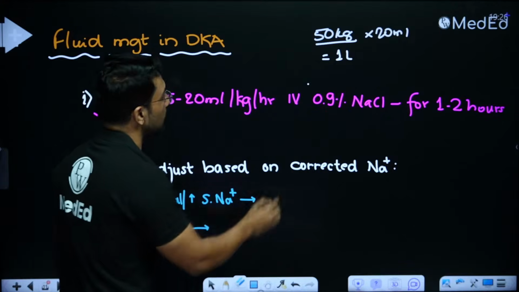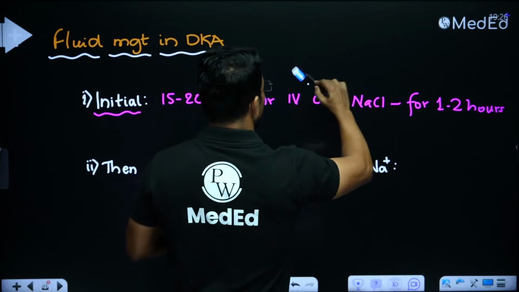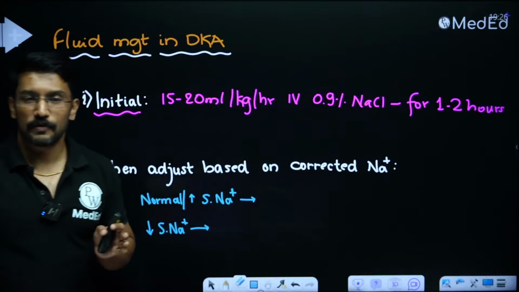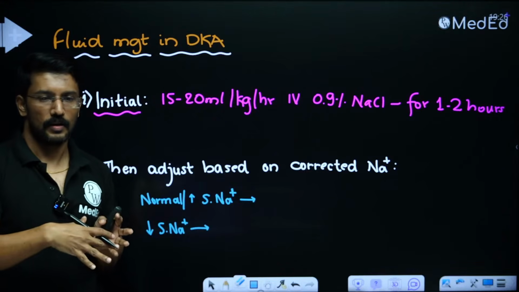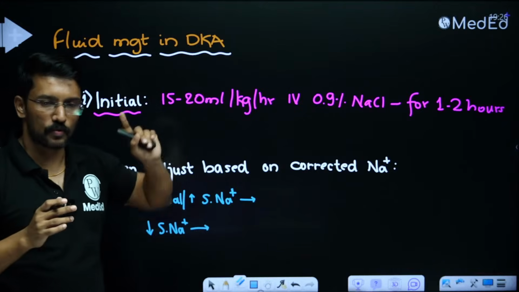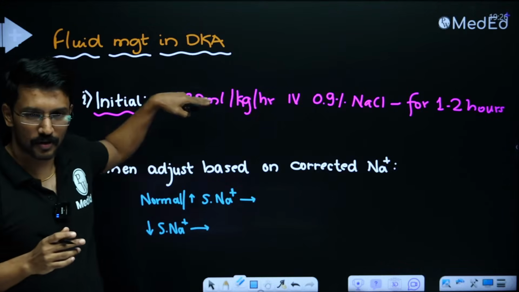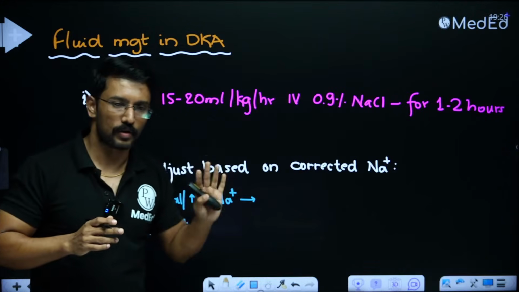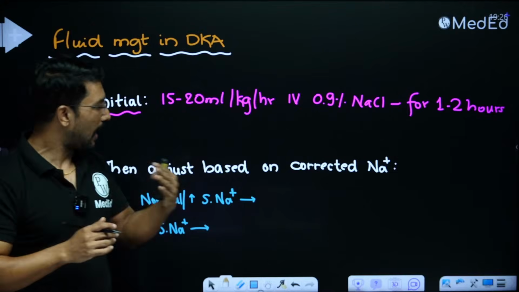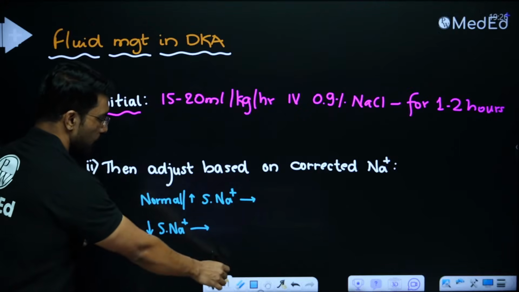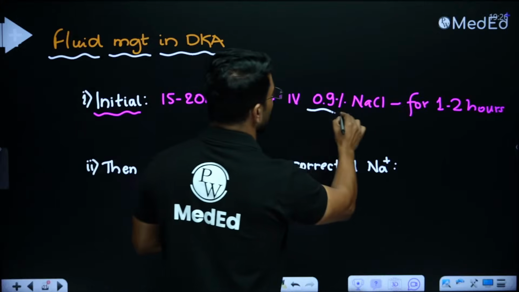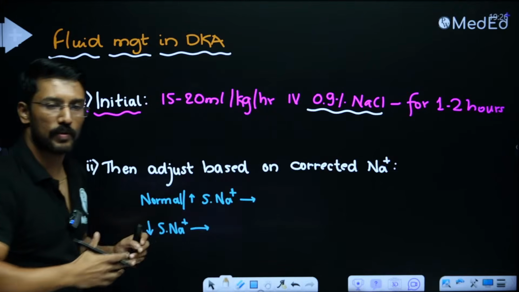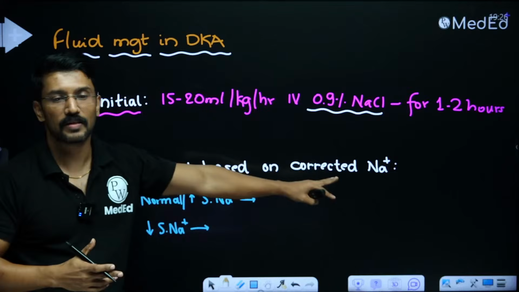But once I have given the initial fluid, I need to continue giving fluid till all the deficit is filled. Whatever 4, 6 liters, 9 liters he has lost, all of it should come back. But there is no hurry now. Initially, just 1 to 2 liters or whatever this calculation gives, that much has to be loaded in the first 2 hours. After that, further fluid will depend on whether we continue the same normal saline or not. Whether I will continue the same normal saline or not depends on the patient's serum sodium.